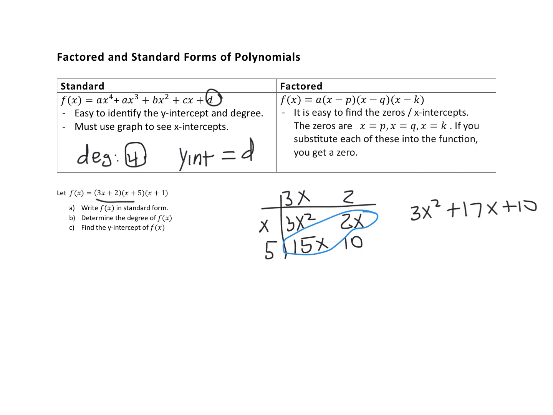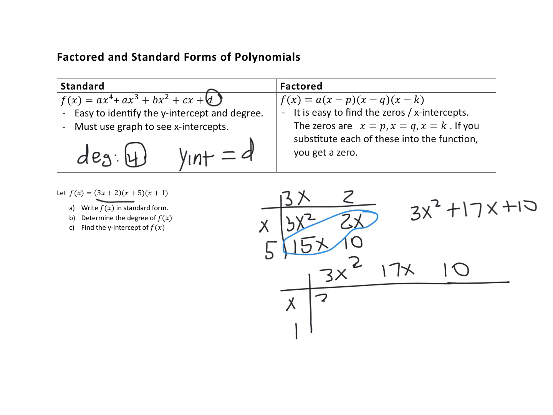So now I'm going to take what I got, and it's right here, 3x squared, 17x, and 10, and then I'm going to multiply it by x and 1.